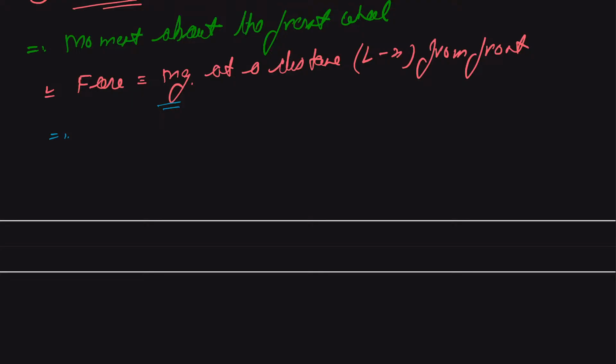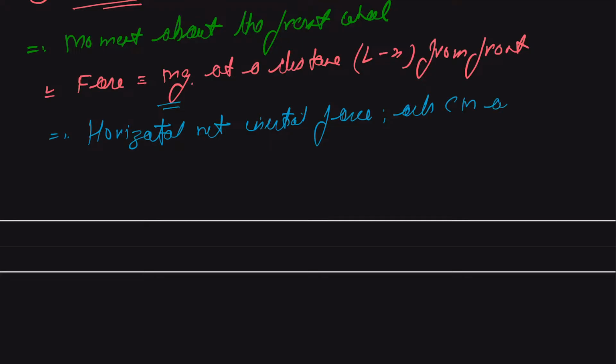So we have our horizontal net inertial force, and it acts at the center of mass at a height, and that height is our h.